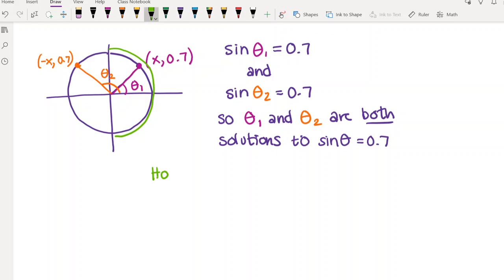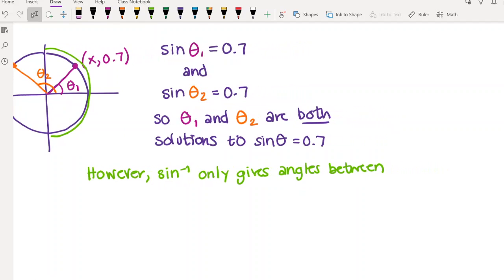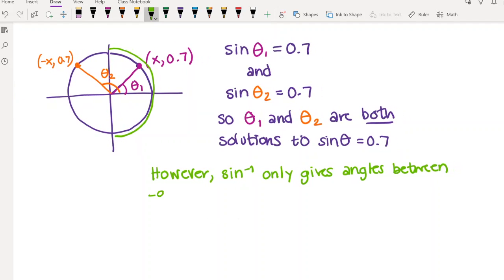However, inverse sine only gives angles between negative 90 and positive 90 degrees.